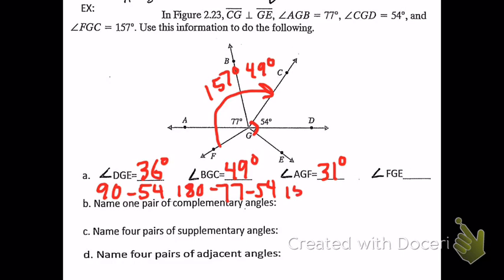Right, 157 minus 77 minus 49. Correct, 31 degrees. FGE, how would I find FGE?